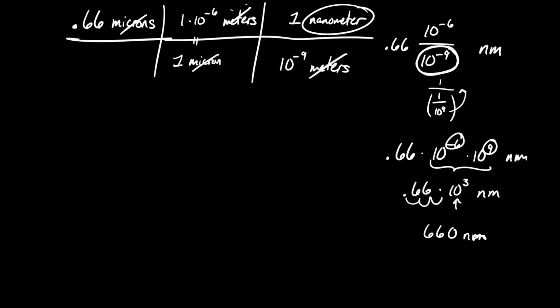Oops, M's turn out to be hard to draw. And that's the answer to our example. Now again, this one was more complicated than before. It required two factors to be multiplied on the same unit. We had to work pretty hard to get microns into nanometers.